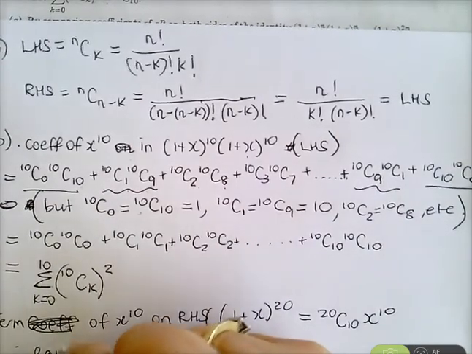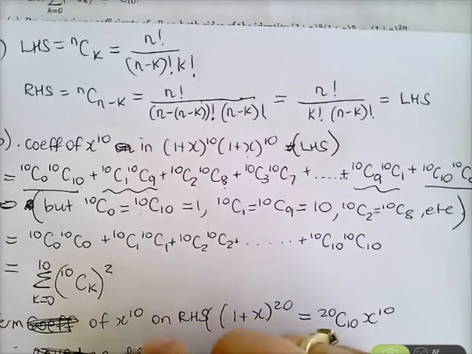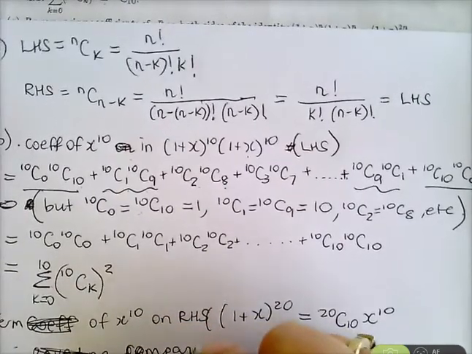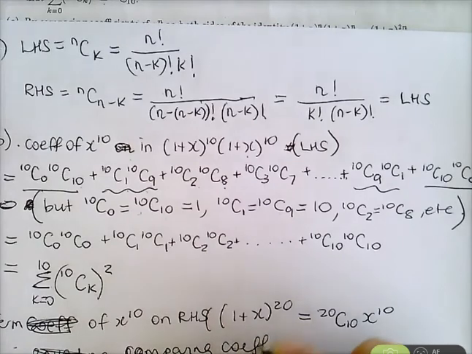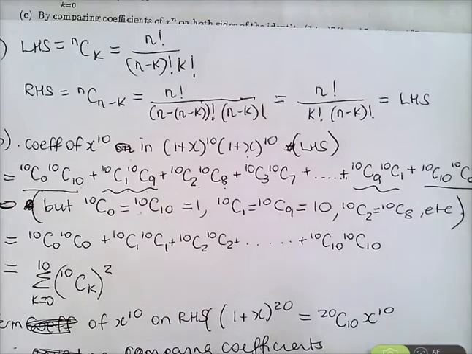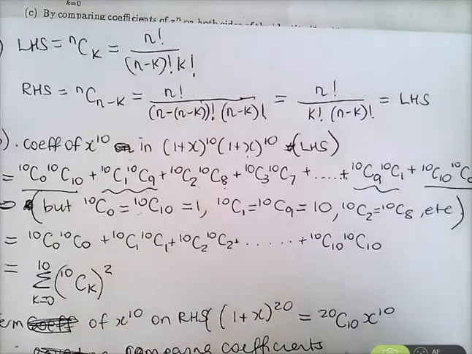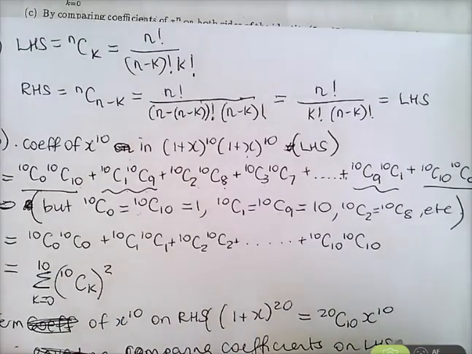Therefore, comparing coefficients, I don't think you're going to have to write out the whole right-hand side. We're not going to write 11 terms to get to the 10th one. No way.